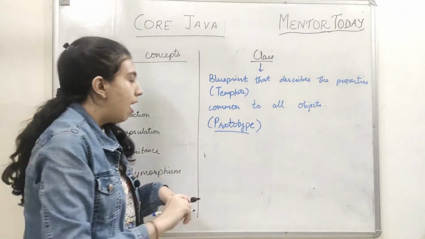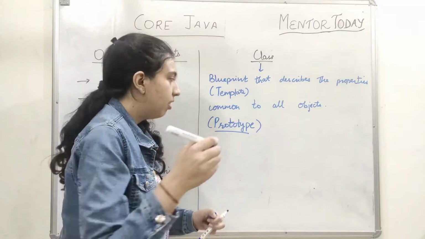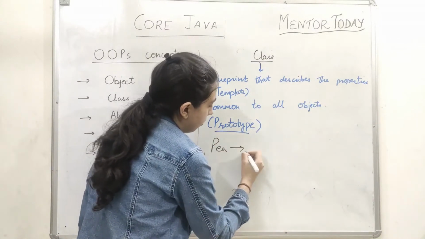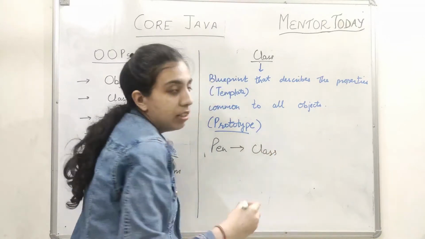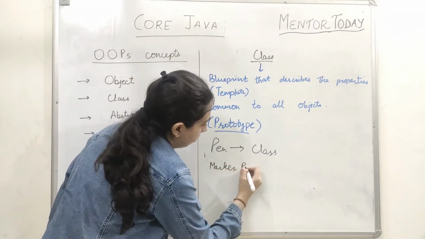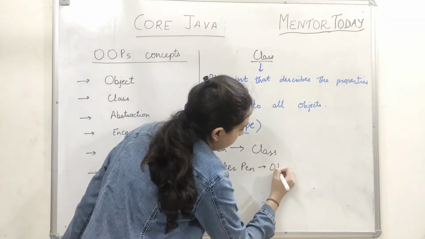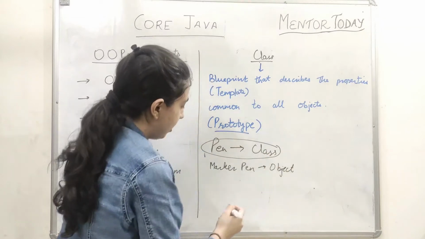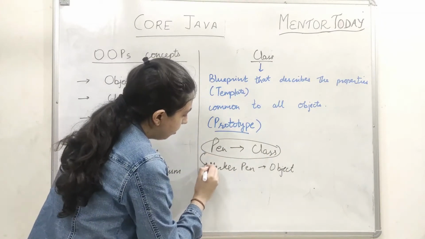For example, I told you marker pen as my object. So basically, the prototype would be, you can say a pen is the class, and this marker pen is its object. So class is something as a whole, and object is taken as its instance.